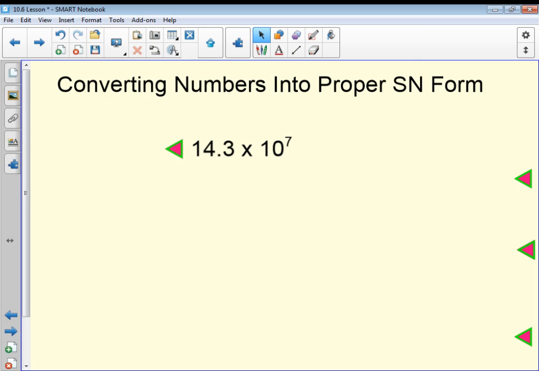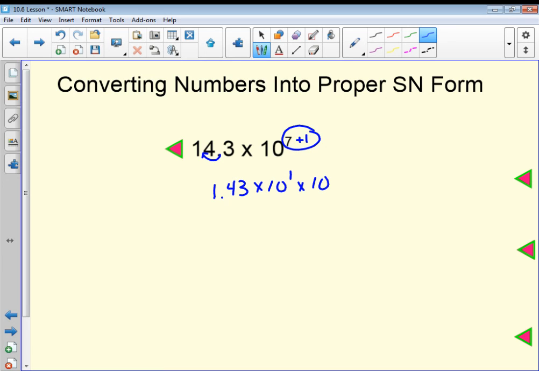Okay, so we only want one number in front of that decimal. I want to move this over one place. So one thing that we can do is we already know that if we rewrote it, it would be times 10 with that new exponent, right? So it's a positive because it was bigger than 10. And we want one place, so it's a positive 1. So notice how I just wrote that positive 1 instead of writing it like this, 1.43 times 10 to the positive 1 times 10 to the positive 7.